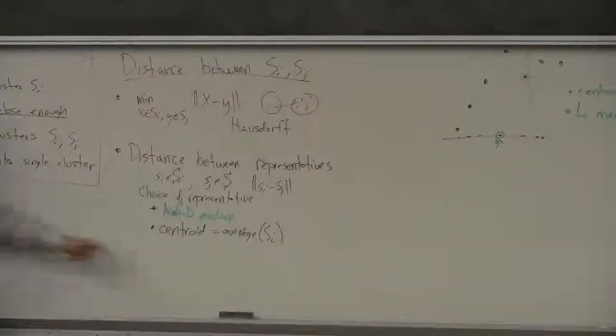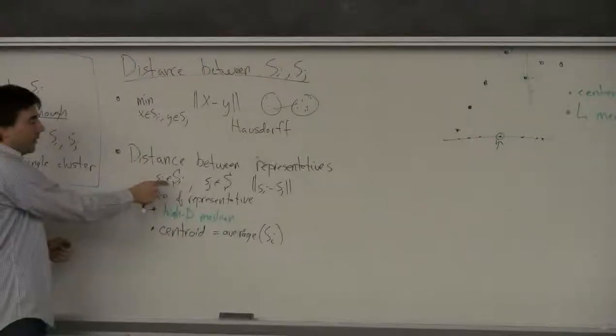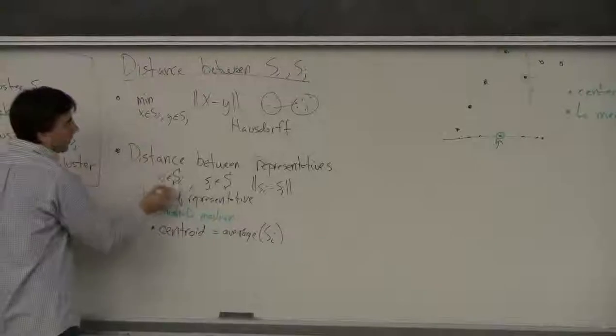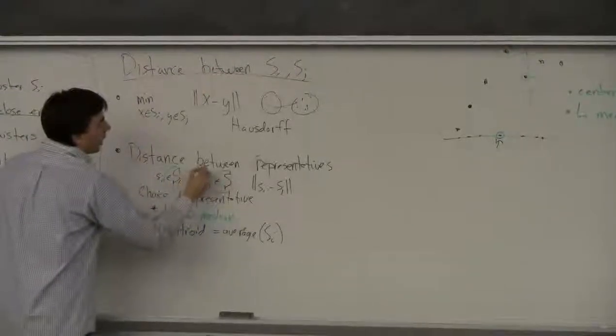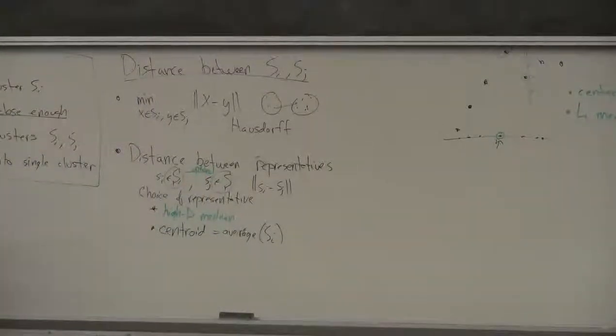So this is not necessarily one of these points. I said a representative is an element of the set, but the fact that it's an element of the set is actually optional. It doesn't need to be an element in your set.